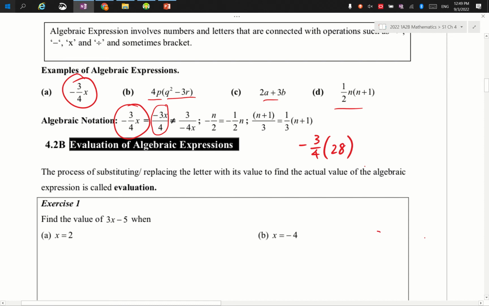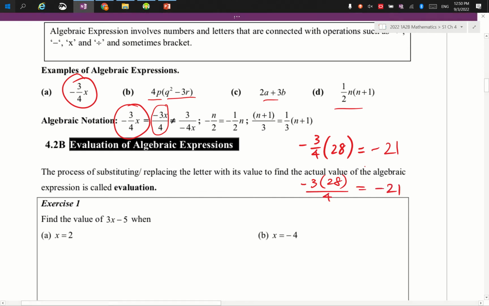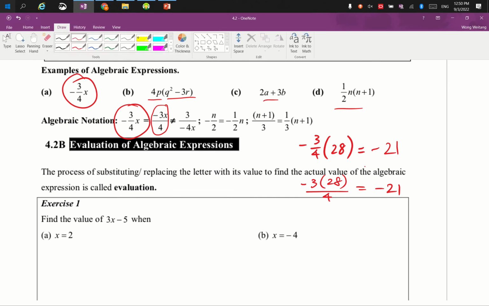Let's say x equals to 28. Okay, let's see what happens over here. If you put this in your calculator, negative 3/4 times 28, you will get negative 21. You can try. Then if you try and key in negative 3 times 28 over 4, you also get negative 21. That is what this portion is trying to tell you.